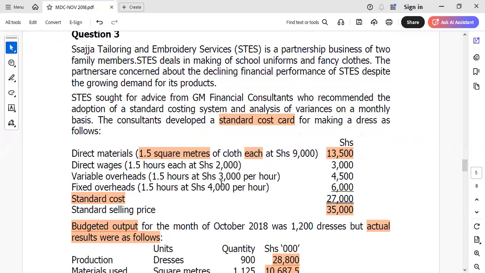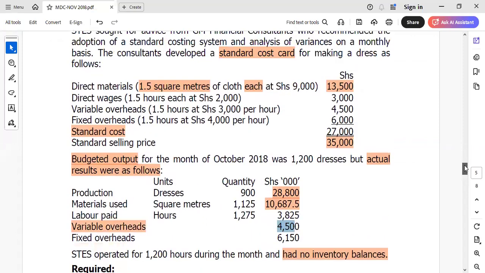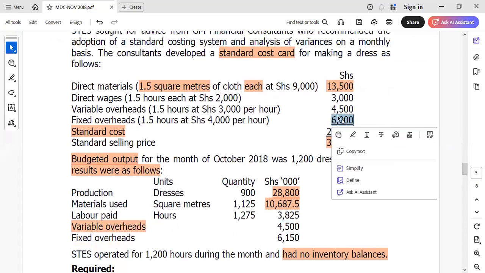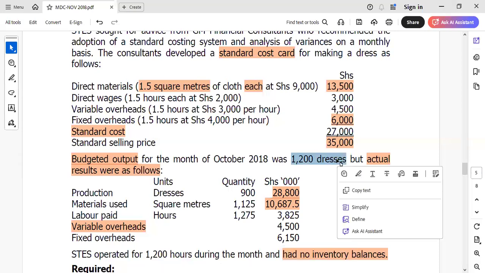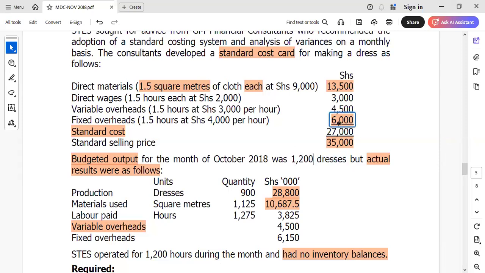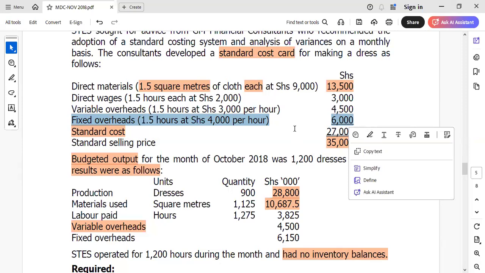With fixed overhead expenditure, as you handle fixed overheads, look at this 6,000. This is for a dress. So get this 6,000 times the number of dresses. You had budgeted to make how many dresses? Is it 6,000 or 27,000? It is 6,000. That is fixed overhead.